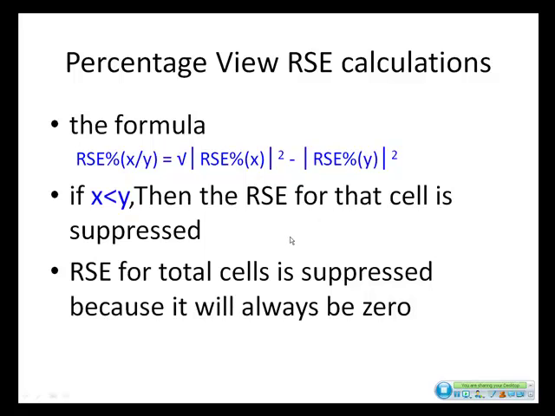What we do in SuperWeb 2 is we suppress that value in the data table we show. And the second special condition is if we are calculating the RSE values for a total, then the RSE value for that total will also be suppressed because it will always be 0.